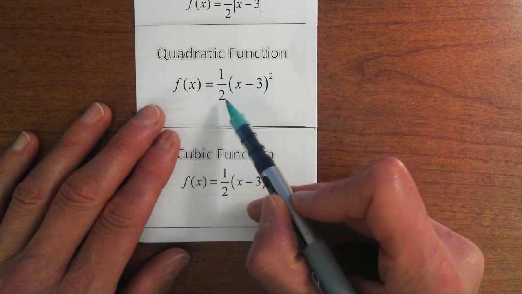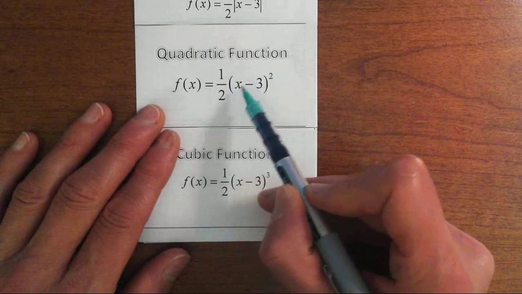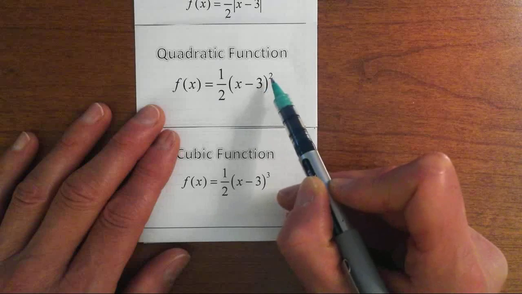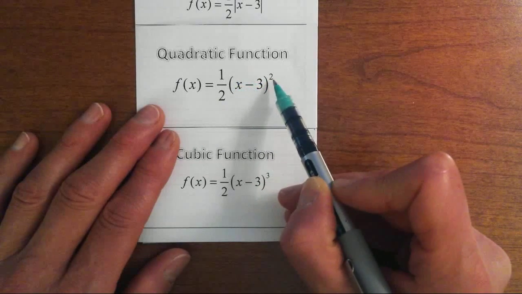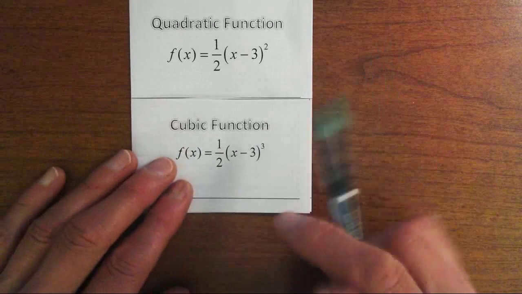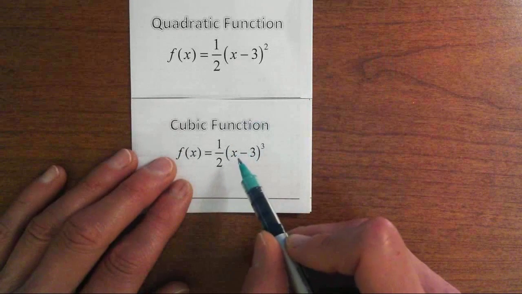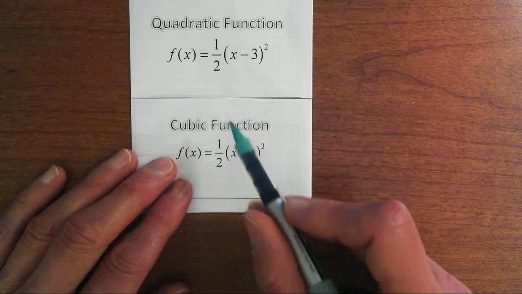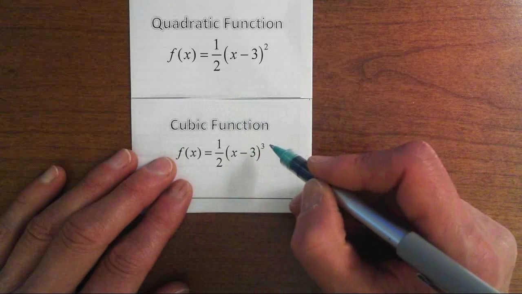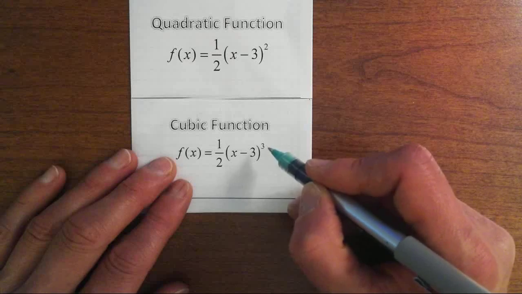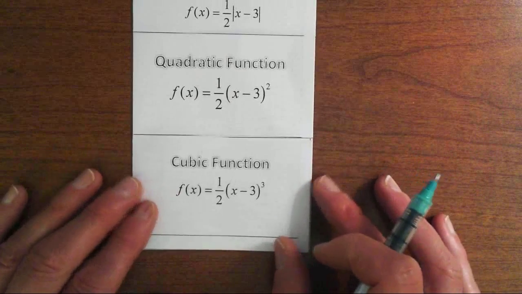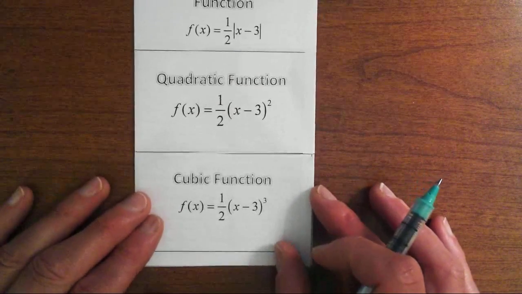This here is 1/2, well there's my x, that's inside a parentheses, and x inside this parentheses, this whole quantity is being squared. Here I have 1/2, well here's my x inside the parentheses. These look very similar, except on the outside of my parentheses I have a 3 for cubing. So you'll see that these graph somewhat differently when you graph them.